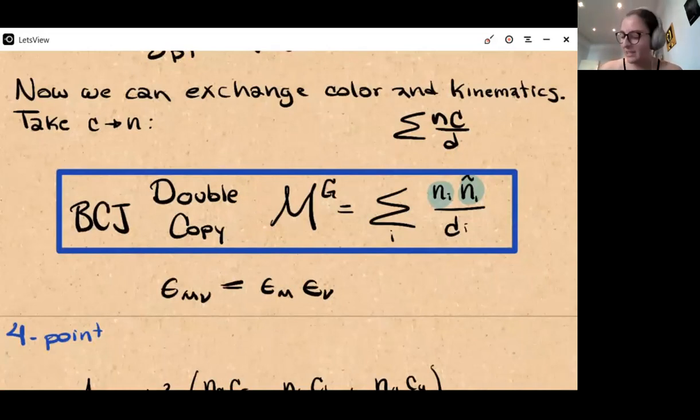Depending on what you pick here, you're going to extract on the other side. If you pick them symmetric, you extract the graviton part. If you pick the trace part, you extract the dilaton part. If you pick the antisymmetric part of the polarizations, you extract the two-form field. So you get everything. You get the full low energy limit, but it depends on which polarizations you pick here. And it basically depends on which kind of processes you're looking at for the scattering amplitude. Okay, thank you.